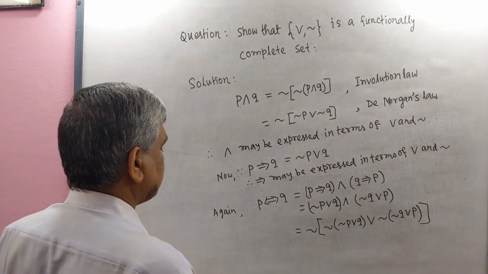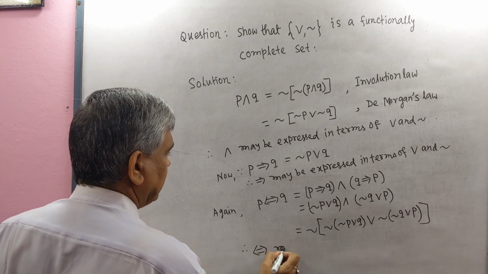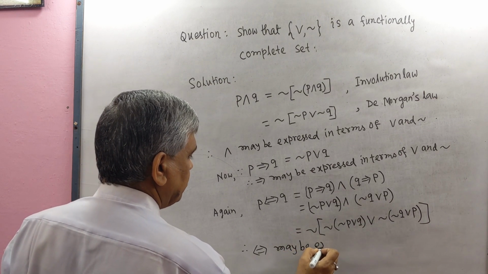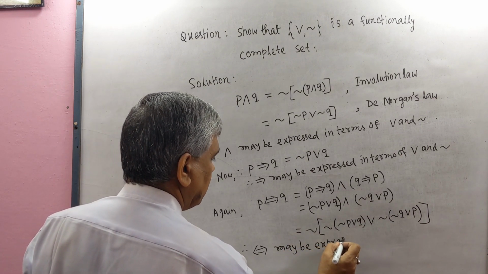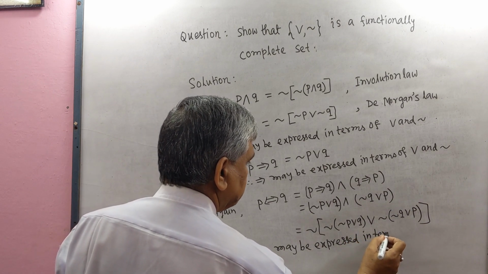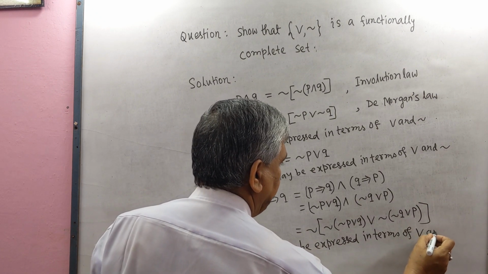So double implication may be expressed in terms of disjunction and negation.